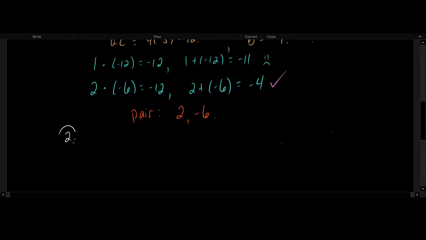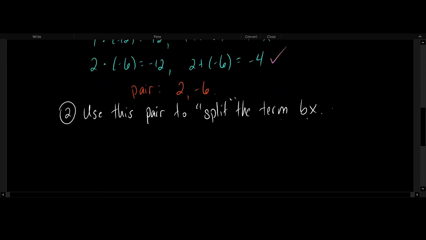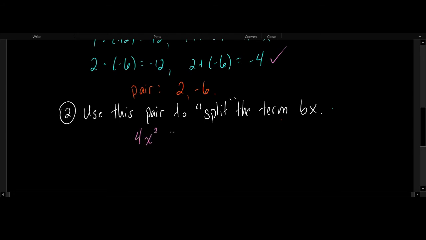Step 2 is we're going to use this pair to split the term bx. Now let me describe what I mean with this example. We have 4x squared minus 4x minus 3.